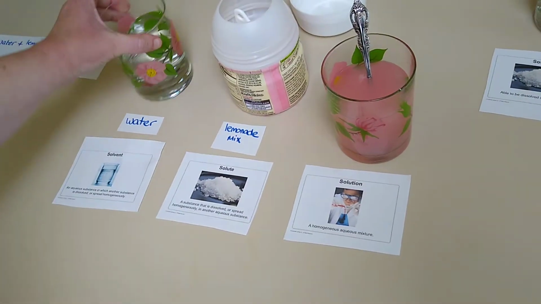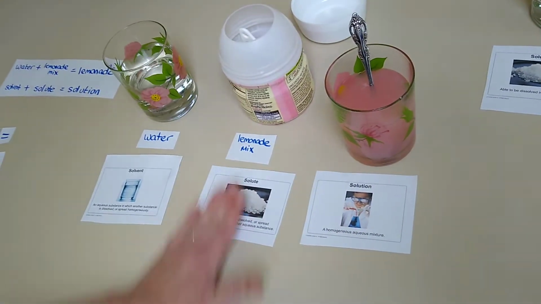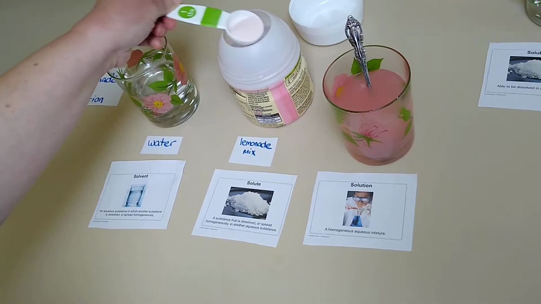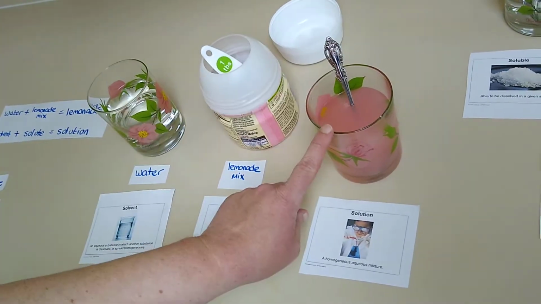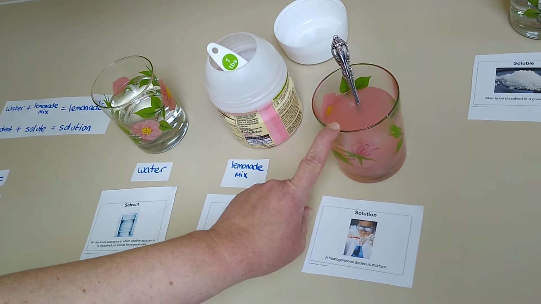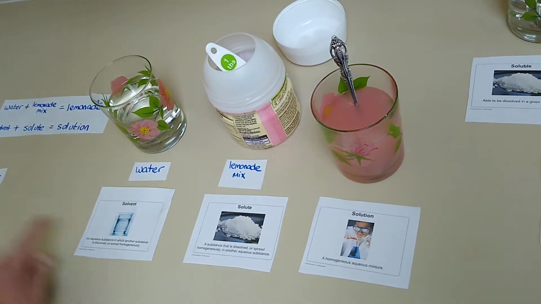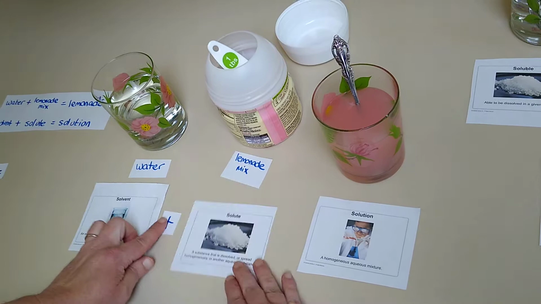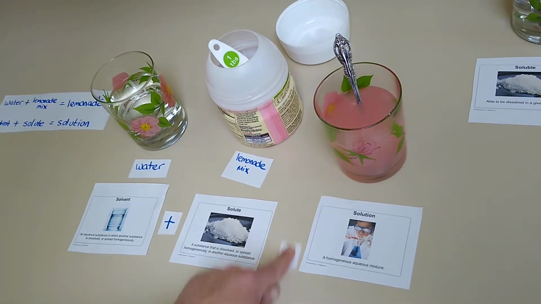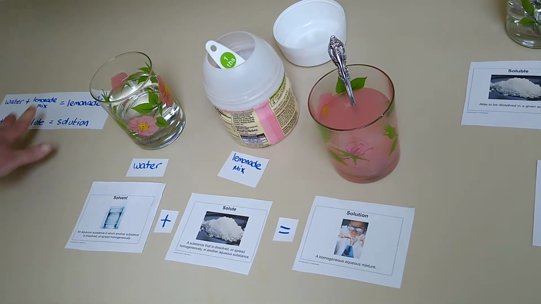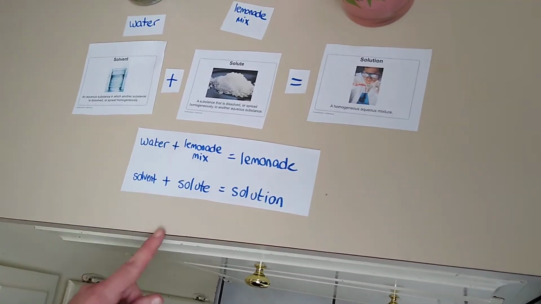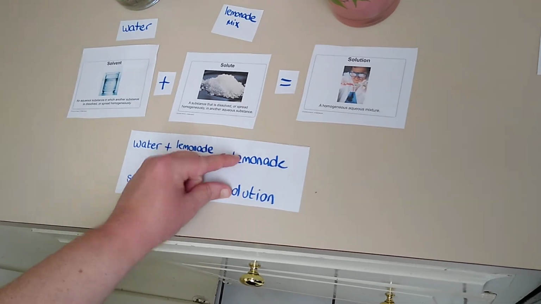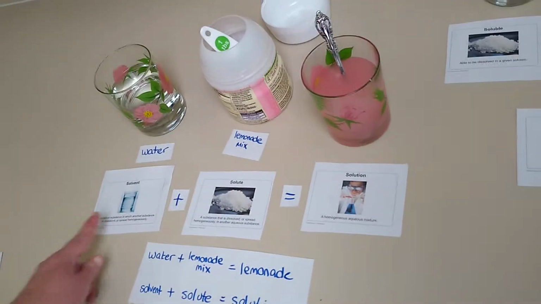This is just water, right? The solute is the powder. The solution is the powder dissolved in the water. The solvent plus the solute equals the solution. The water is the solvent. The lemonade mix is the solute. The lemonade is the solution.